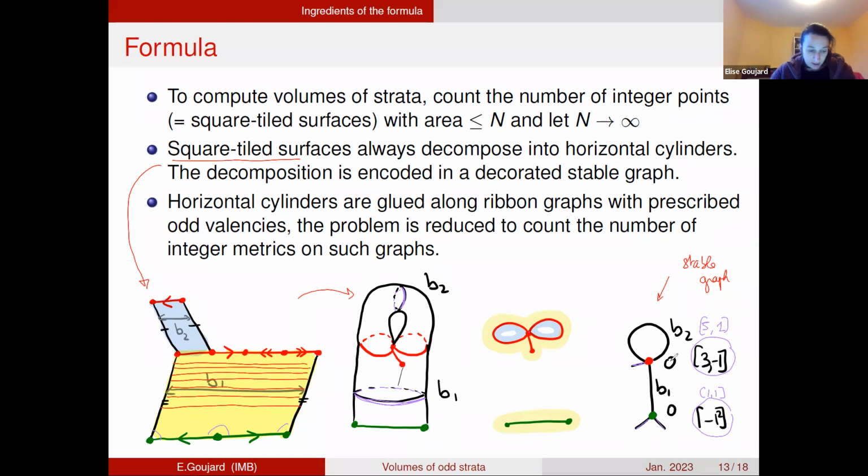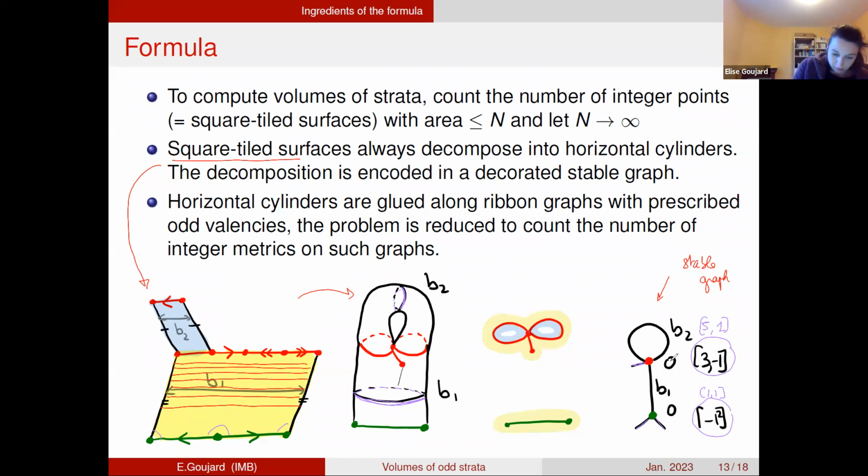So I claim that I can encode the decomposition into cylinders by this decorated stable graph. Basically it corresponds to pinching each cylinder and looking at the corresponding stable differential that I get.